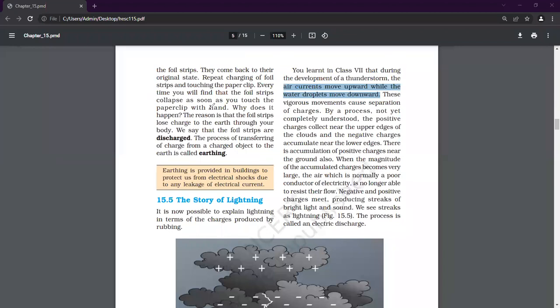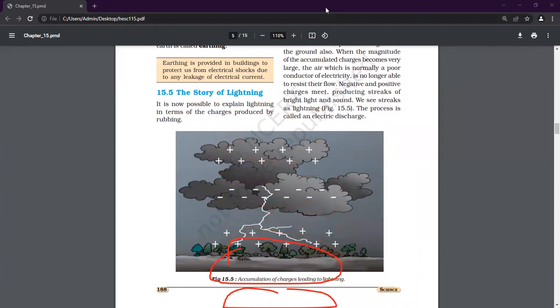And this phenomenon is still not understood, why the upper edges of the clouds get the positive charge and why the lower edges of the clouds get the negative charge. This is still a point of research and discussion. So as you can see, the upper ends of the clouds get the positive charge and the lower ends of the clouds get the negative charge. Okay, the lower ends get the negative charge.